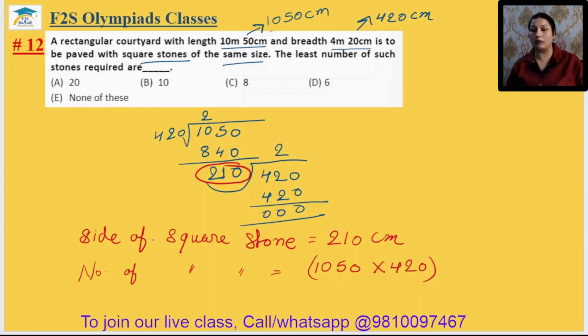And to find the number of square stones, we will divide by the area of the square stone, 210 multiplied by 210. So just divide and find the number of square stones. We will get 10. 10 is in option number B. The 12th answer is option B.